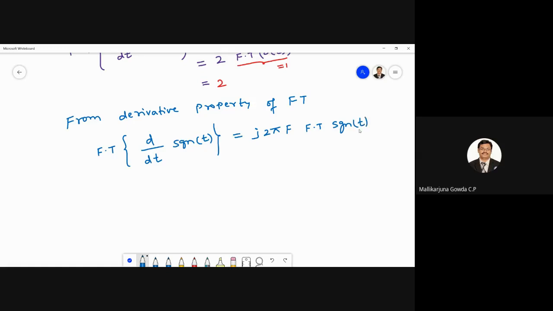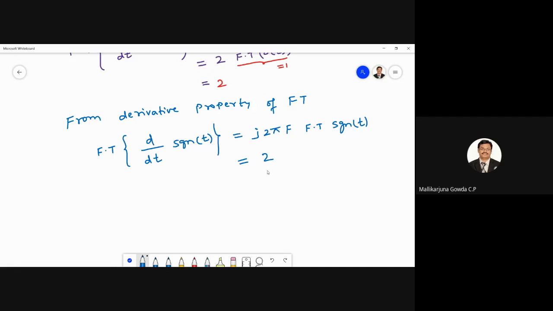And we have understood that the Fourier transform of d by dt of sgn of t is equal to 2. We have found that just above.